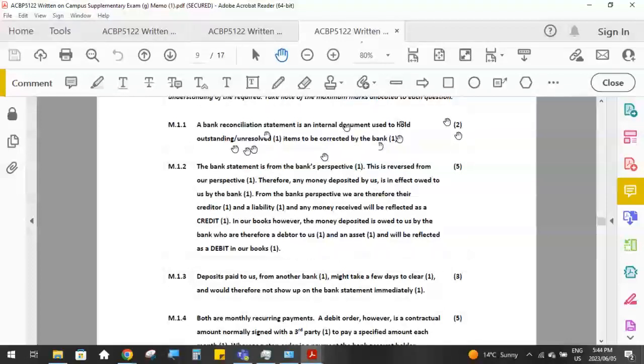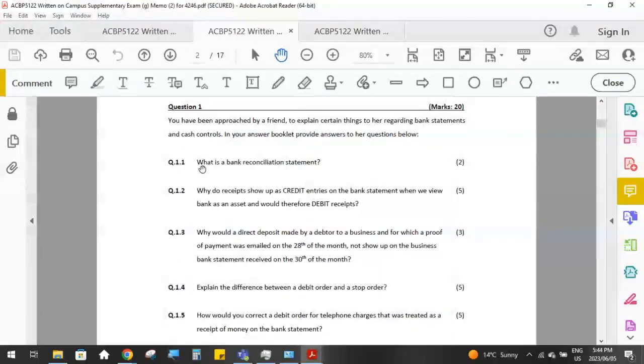So take note, if there are 2 marks awarded to the question, you must make sure that in your answer, you have written enough to get 2 marks. So I would definitely award 1 mark to the fact that it is an internal document, and that it records items that must be corrected by the bank for the following month's bank statement.